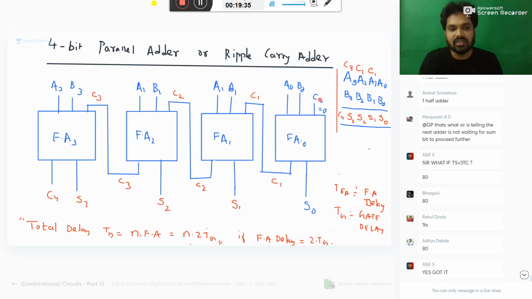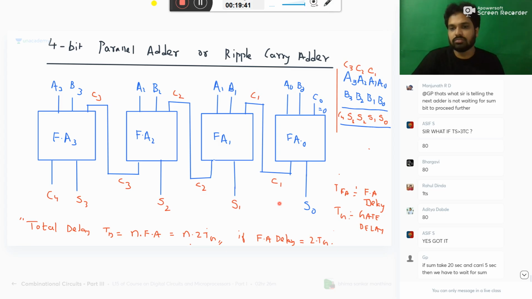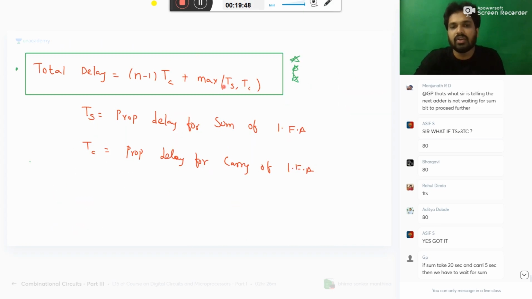You are already in the last phase waiting for the maximum of sum and carry. By that time, the remaining sums already come. Observe the last line here, last maximum of TS and TC. That's all. Maximum of 5 and 20, you will wait for 20.